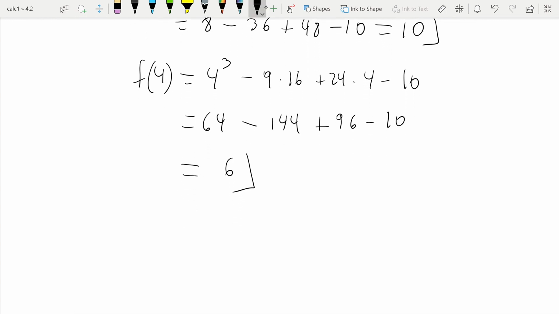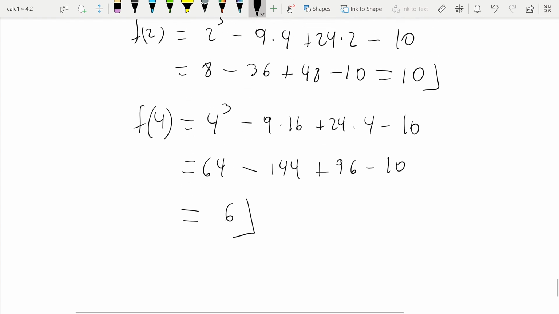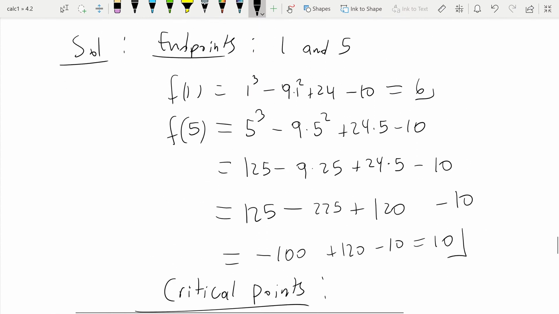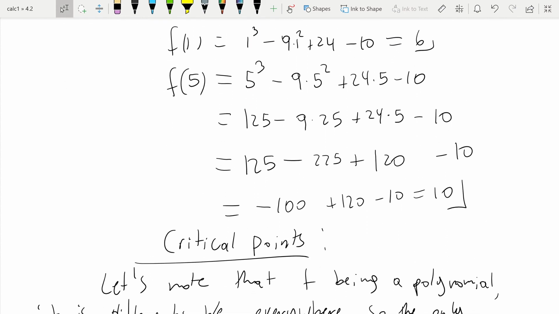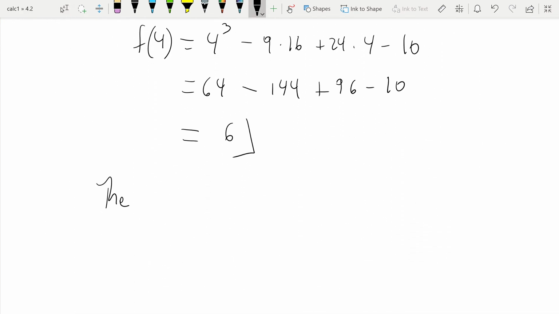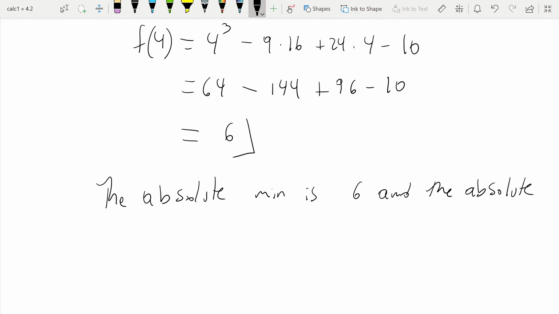So the smallest among all these values is 6, and the largest among all these values is 10.